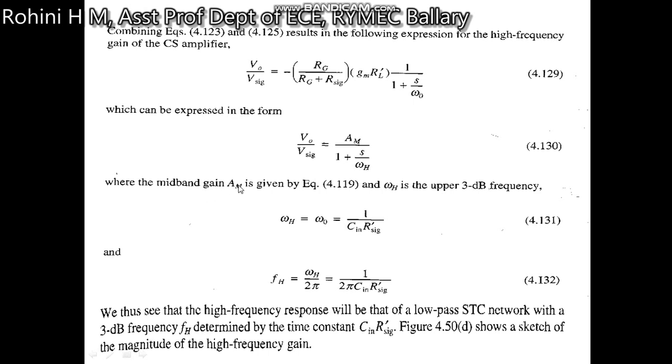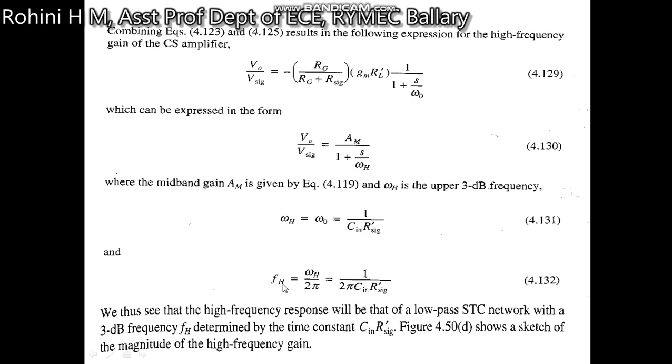So the mid band gain AM is given by the previous slides, and WH is the upper 3 dB frequency. So WH is equal to W naught, which is called the cutoff frequency. This is given as 1 divided by C in into R signal dash.